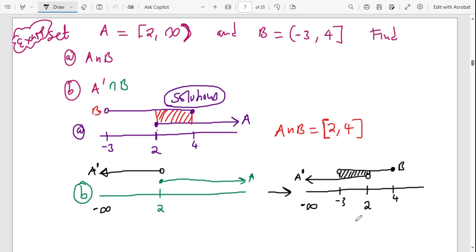So therefore, A complement intersection B is negative 3 comma 2. Okay, it's from negative 3 up to 2. But you can see that at negative 3 it is open. So negative 3 is not part of the intersection because it's not part of one set. That's set B. So we'll use an open bracket. And 2 you can see is not part of A complement, so it can't be part of the intersection. We'll also open there.